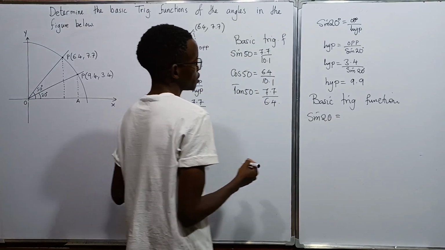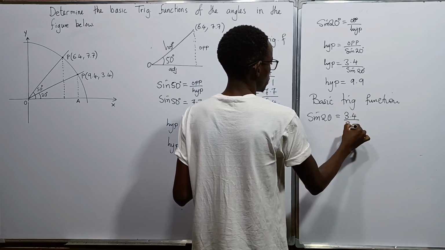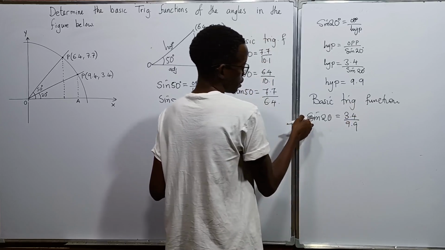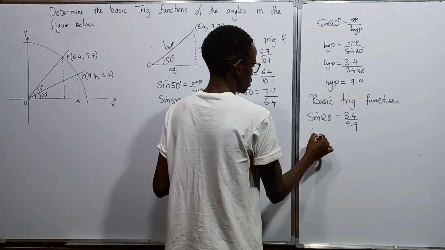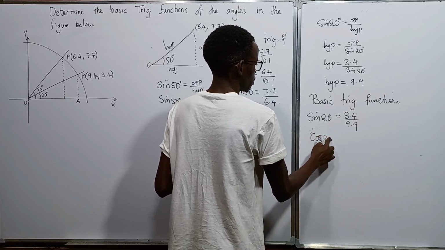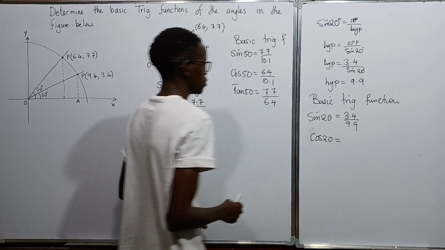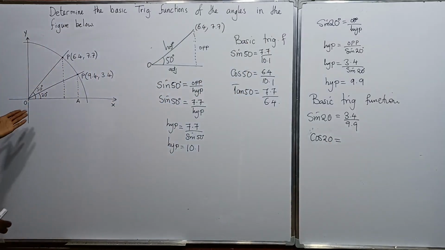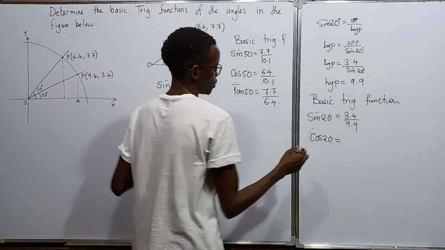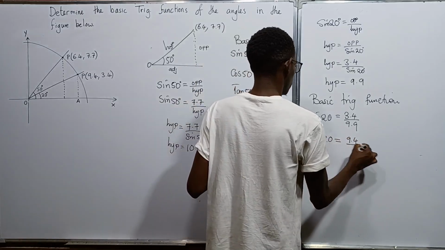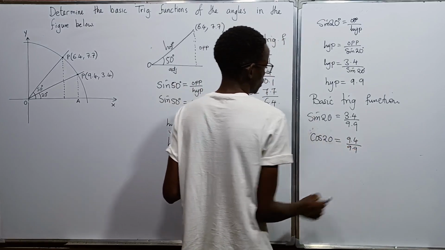Our opposite in this case is 3.4, so I have 3.4 over the hypotenuse, which is 9.9. And the next basic trig function is cos 20. The cosine function is made up of the adjacent over the hypotenuse. So what is our adjacent in this case? Our adjacent is 9.4 over the hypotenuse, which is 9.9.